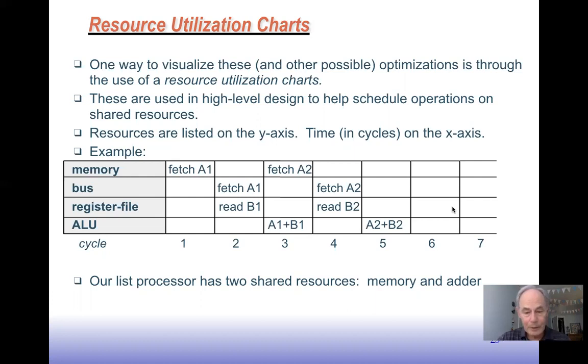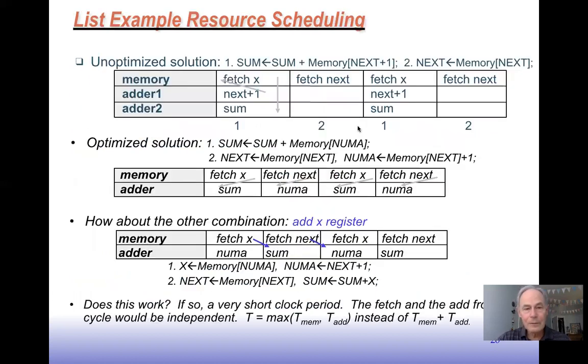In our example, there are 2 shared resources: the memory and the adder. As shown here, we can use these charts to analyze our 2 different designs. The first unoptimized design, the one without the NUMA register, was shown here on the top, and the arrows show the data dependencies.